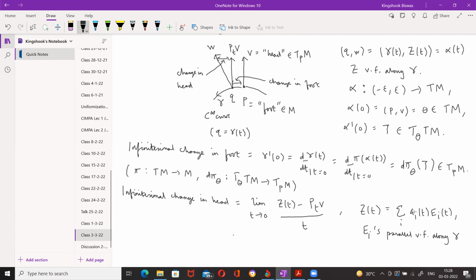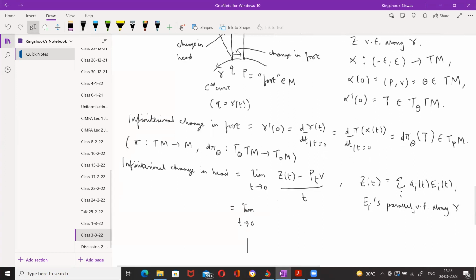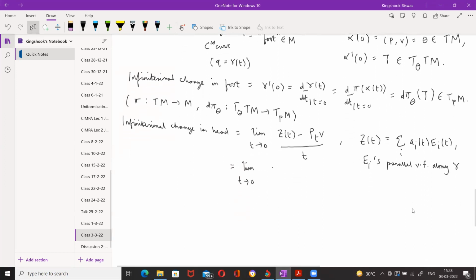So this will be the limit as t tends to 0 of the sum over i, where z_t is a_i(t) e_i(t). And what will p_t v be? So v is equal to z_0, which is the summation of a_i(0) e_i(0).